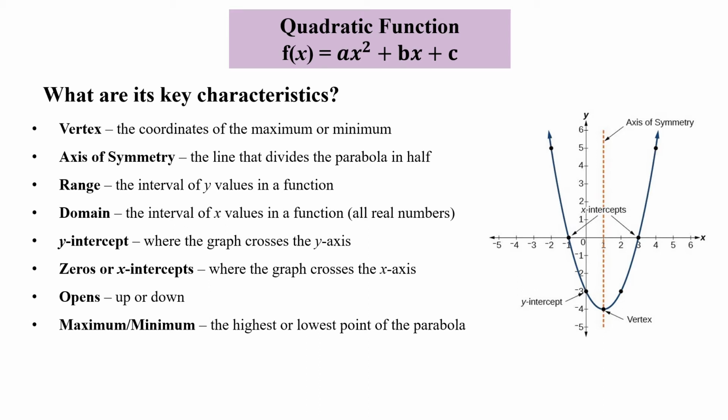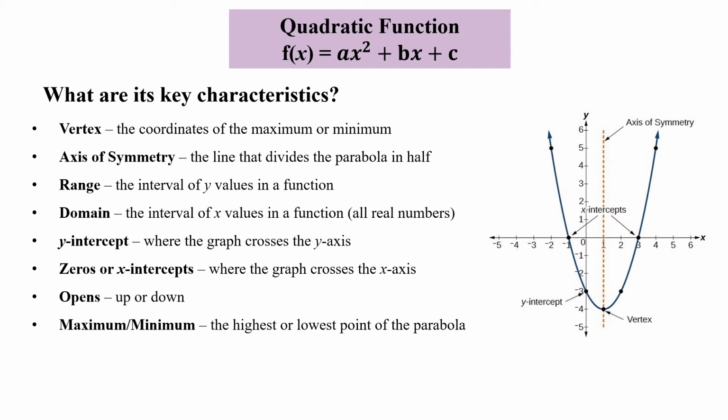A quadratic function can be in the form of f of x is equal to ax squared plus bx plus c, where a, b, and c are real numbers. There are certain characteristics that you want to look for when you're dealing with a graph of a parabola or a quadratic function. The first one is the vertex.